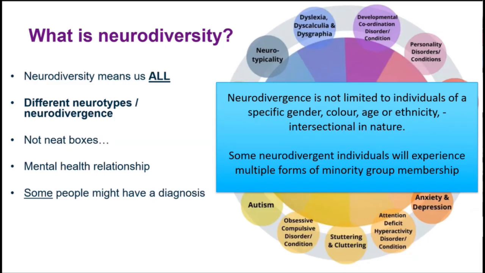This has implications when we're supporting students, especially when we think about that interplay between neurodivergence and mental health, and especially when we think about trying to support specific minority groups in thinking about how the intersection of those minority groups might occur. Because, of course, we could term neurodivergence as a minority group itself. We expect about 1 in 20 individuals within society at the moment has a form of neurodivergence.